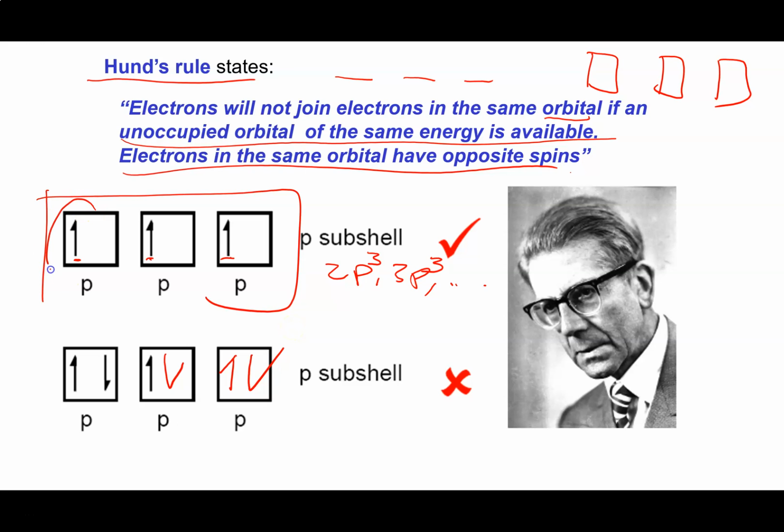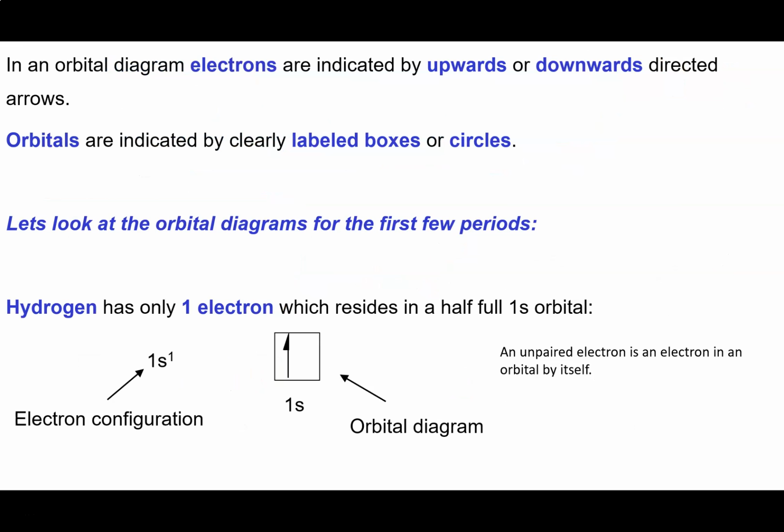Now, by convention, we always place the first electron in an orbital with its spin being up, and we indicate an electron with a half-headed arrow. The second electron always goes in with the spin down. So now we have the information that we need to be able to place electrons within an orbital and then illustrate that as well.